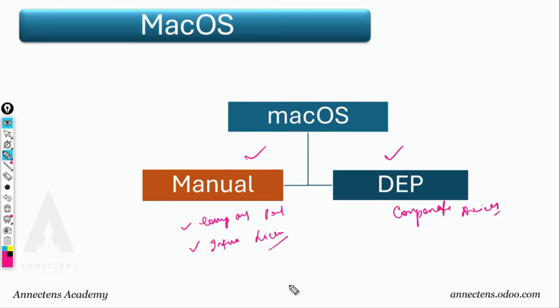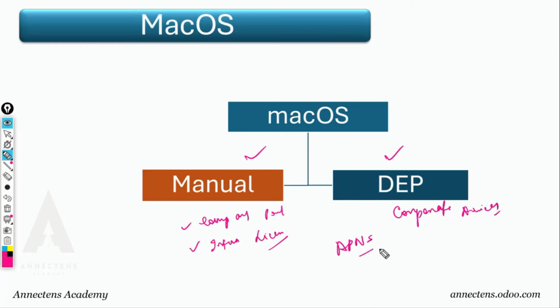And DEP, of course, is used for bulk enrollment, and this is specially designed for corporate devices. So what are the prerequisites? We require the APNS service, which will be enabled once you set the connection for your Apple devices.